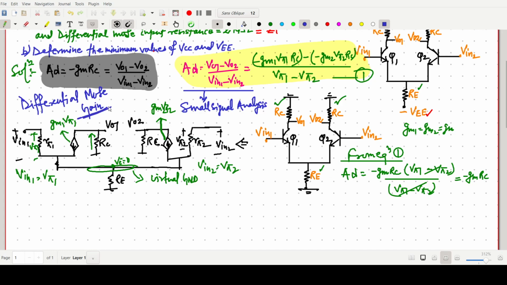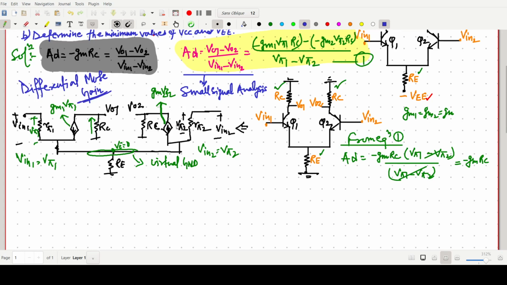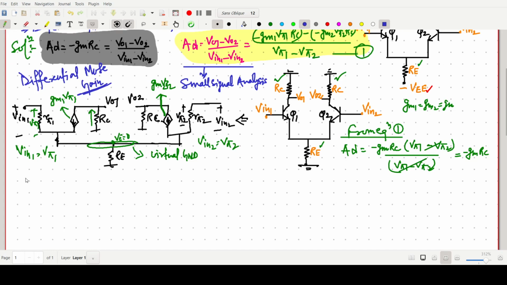Now next, one more formula I am writing, AC, common mode gain. If we find the common mode gain, it should be minus RC by twice times of RE. So I am just trying to prove this concept also.